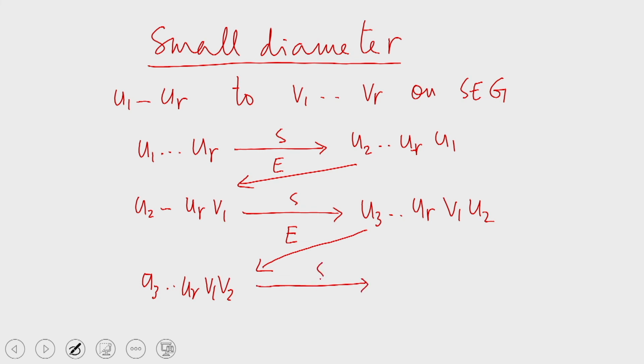Then again we will take a shuffle edge to go to U4 through UR, V1, V2 and U3, and so on. Finally, with an optional exchange edge, we will end up converting every bit to the V's. That is, starting from U1 through UR, we will end up reaching V1 through VR.